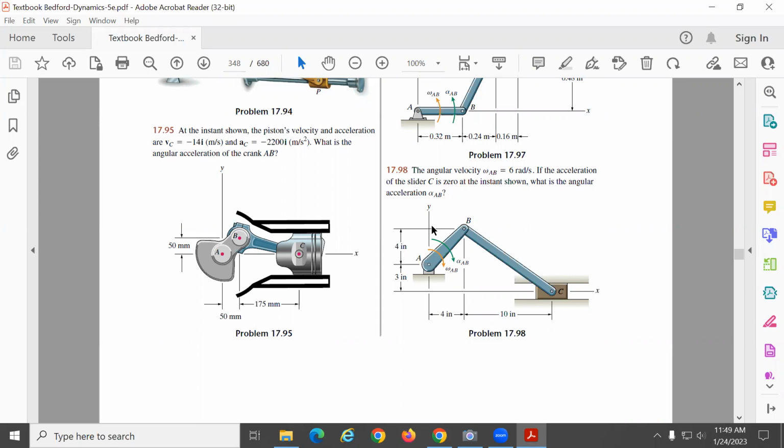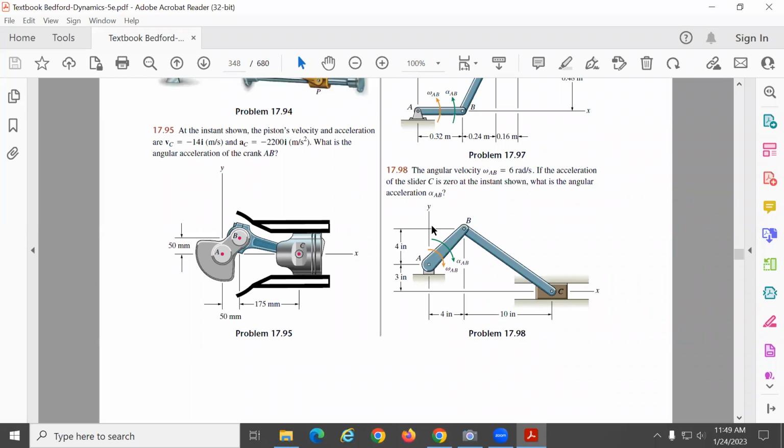All right, and I put all those dimensions: from A to B is 4, from A to C is 3, and from B to C is 10, in inches.